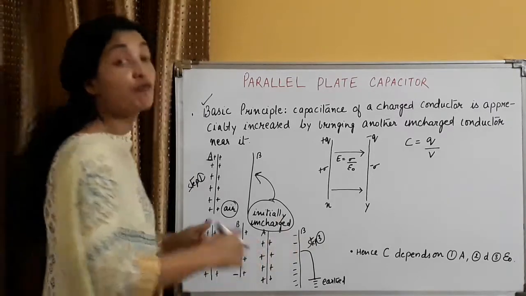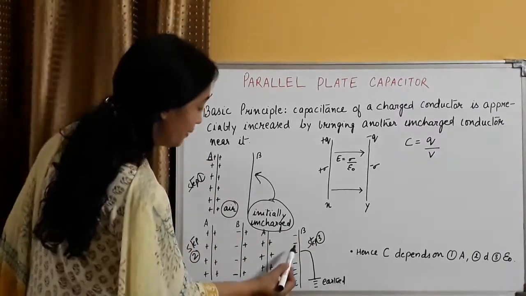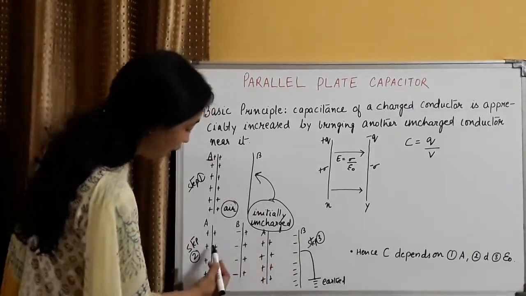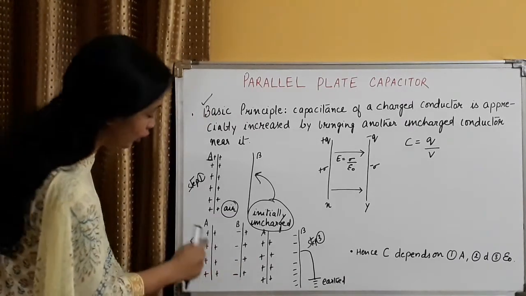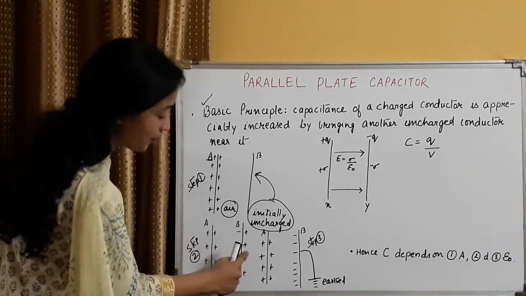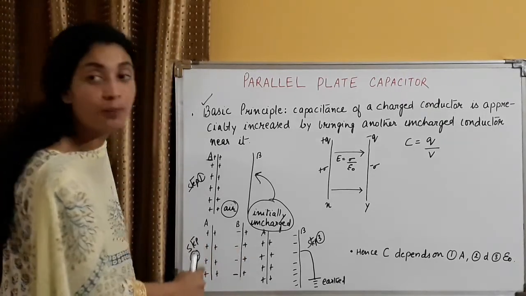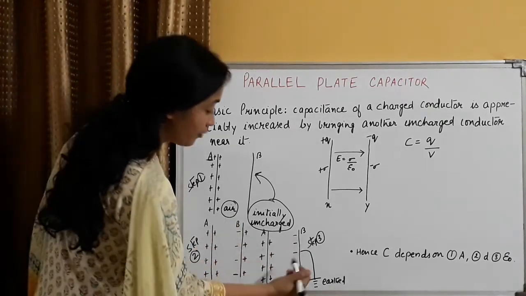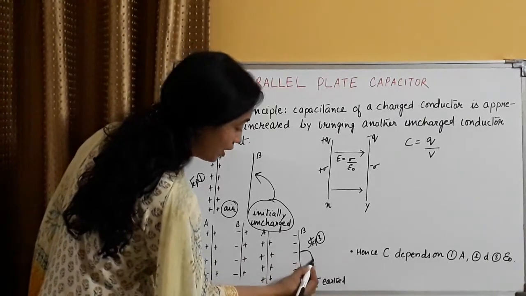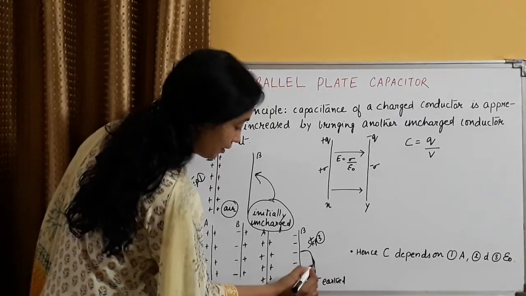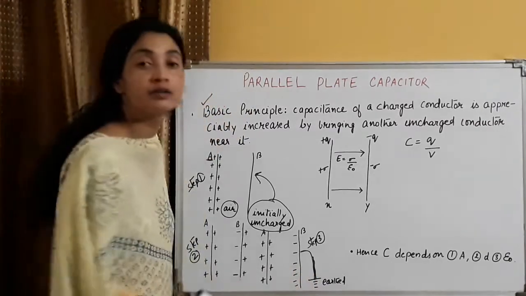Now step number 3. Further, this outer positive charge is contributing to the effect of the positive charge on plate A. Now in step number 3, what we have done is connected the conductor B to earth. What happens?